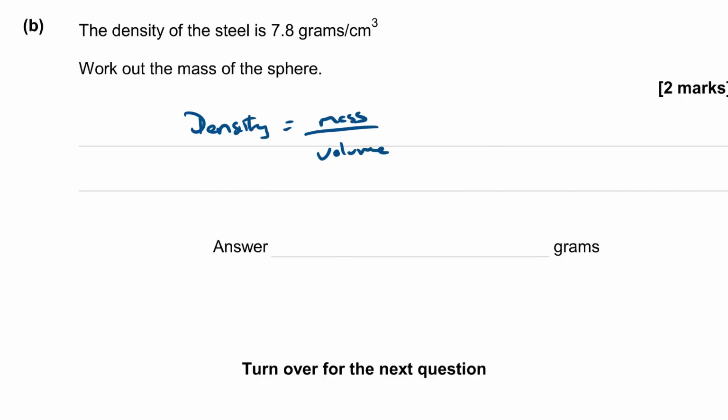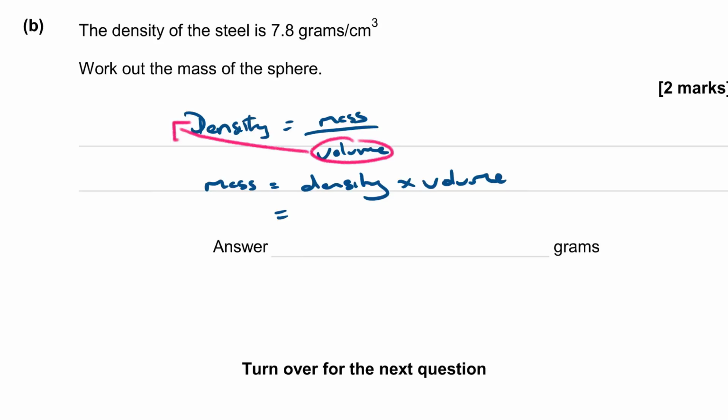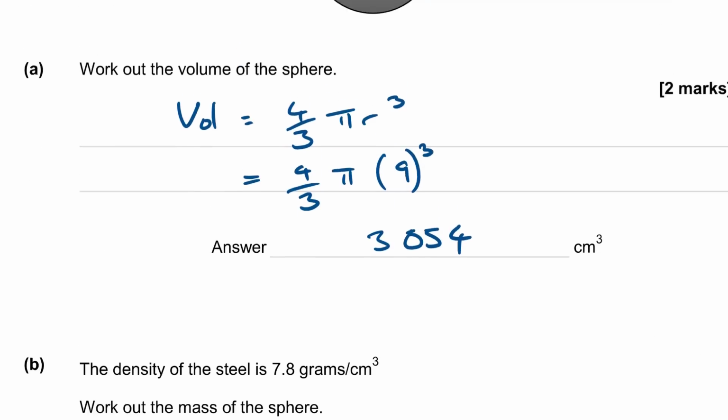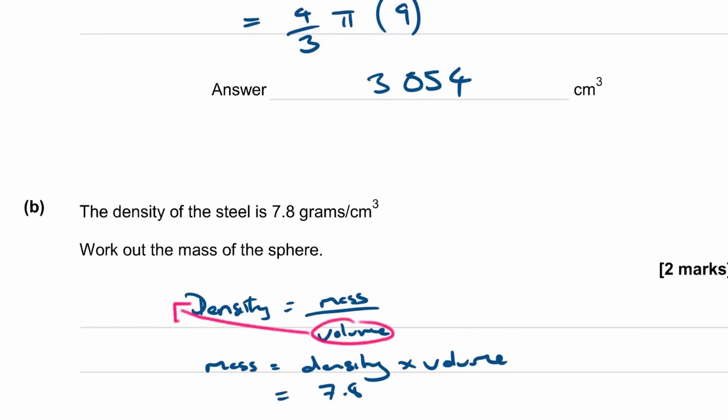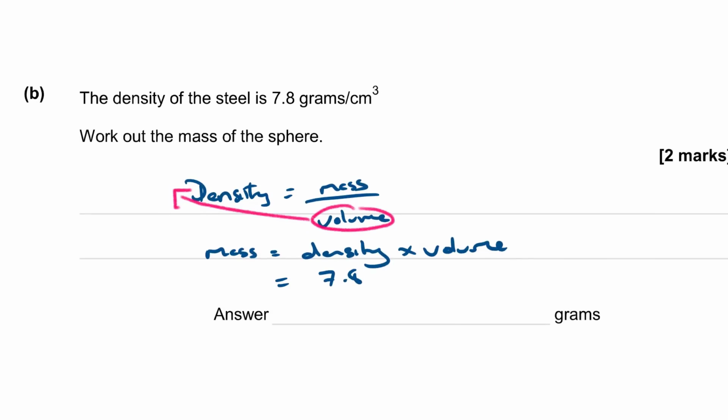So rearranging that to make mass the subject, mass equals density times volume, which in this case is going to be our 7.8 grams per cubic centimetre multiplied by, just checking the units are all the same, yeah, that's in centimetres, so 3054.